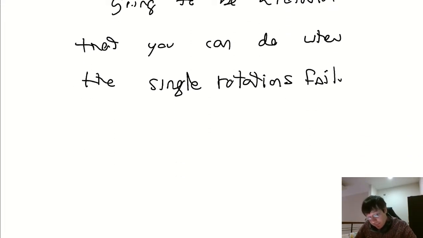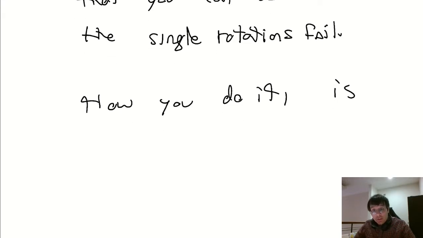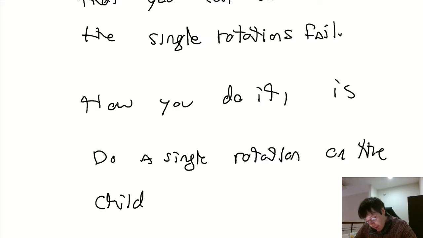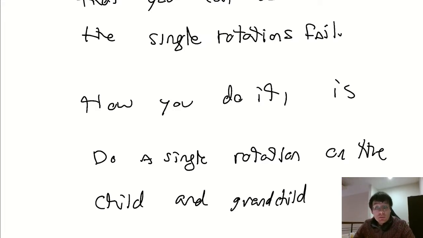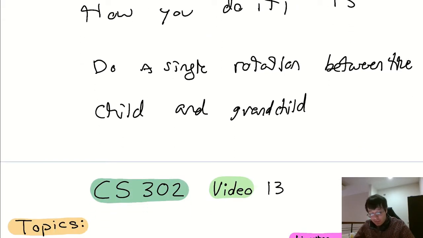How you do it is: do a single rotation on the child and grandchild. It's still just a single rotation between them. Or maybe I should rewrite this, say, do a single rotation between. Yeah, I'll say between instead of on. So do a single rotation between the child and grandchild. Okay?